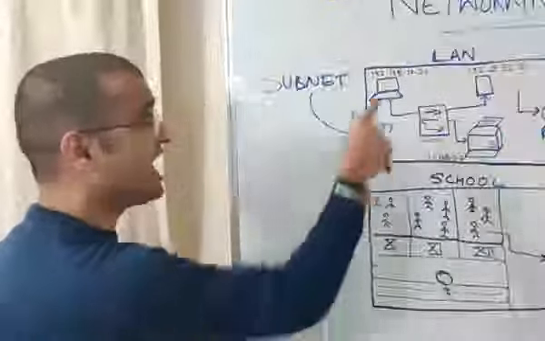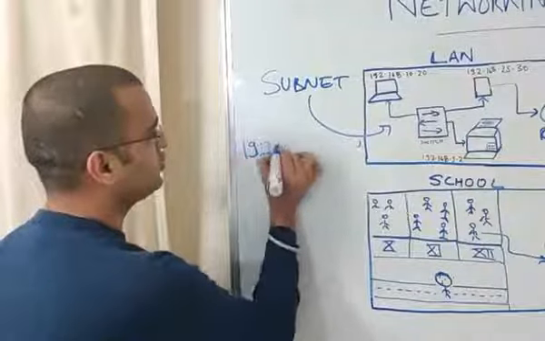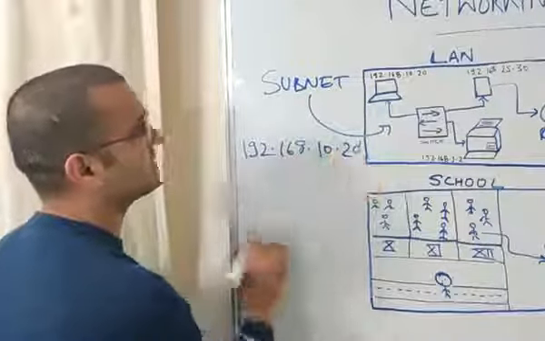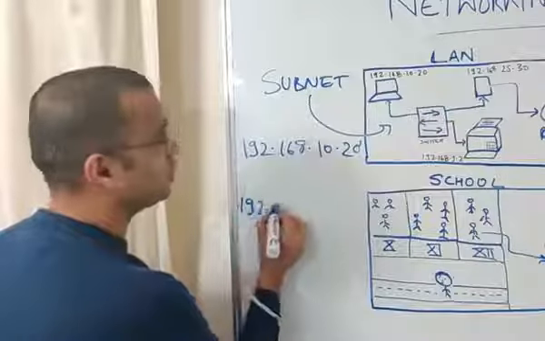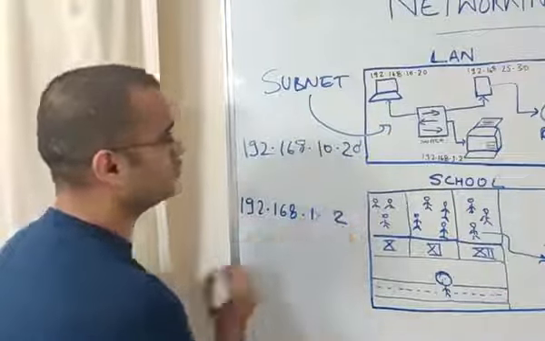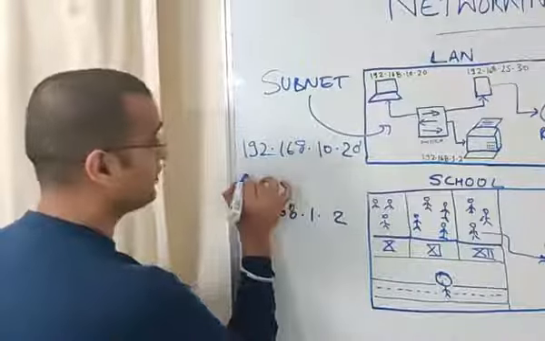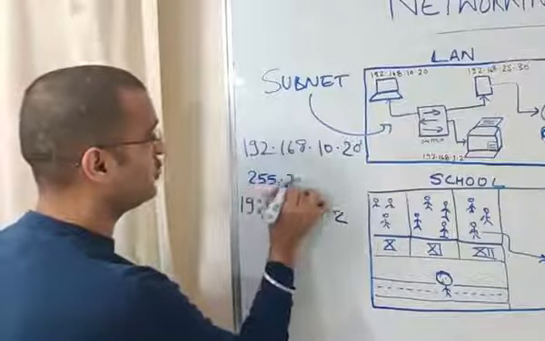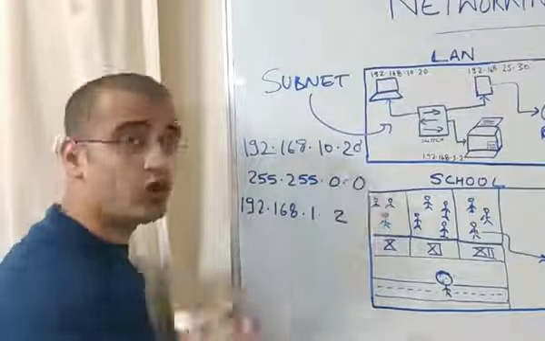Suppose the IP address of this particular laptop is 192.168.10.20 and the IP address of this printer is 192.168.1.2. Between these two sits the subnet. So the subnet for this local area network could be 255.255.0.0. What does this mean?